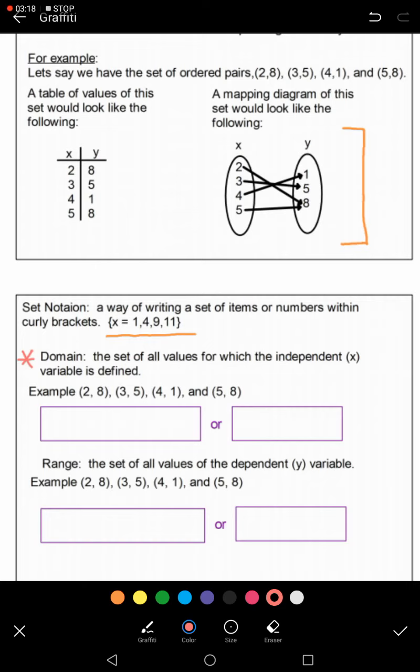So that definition can be a bit confusing, but I'm hoping by the end of the unit you will understand what that means. But if you want to just make a note to yourself, all that definition is saying is the domain is all possible x values.